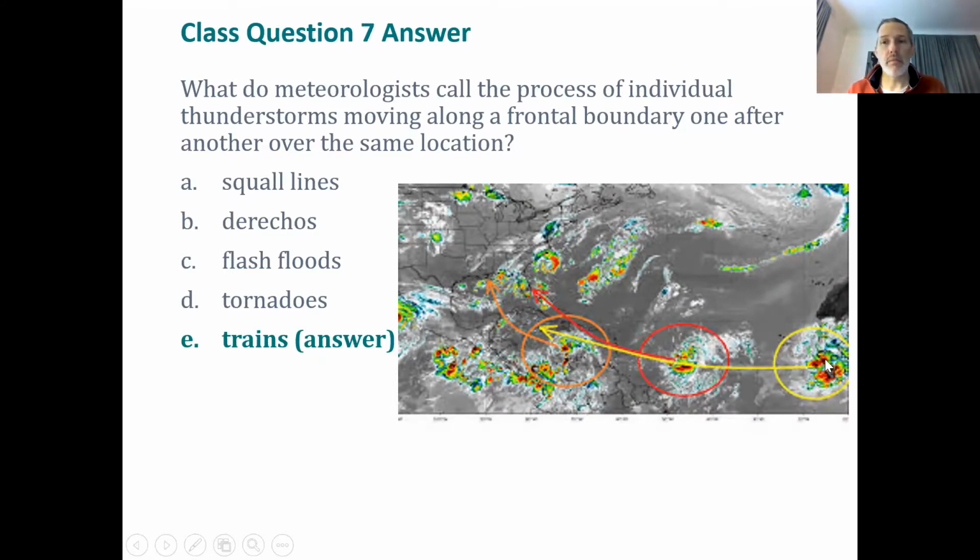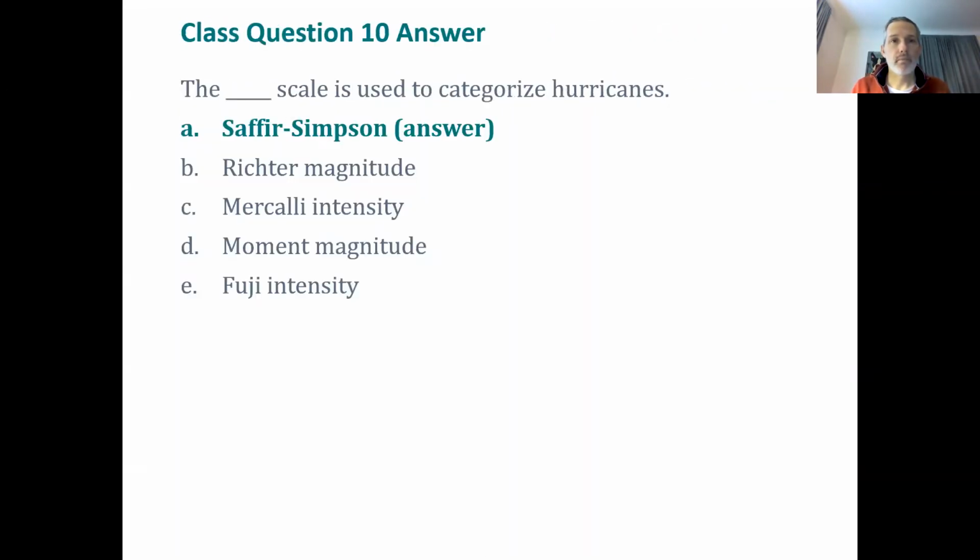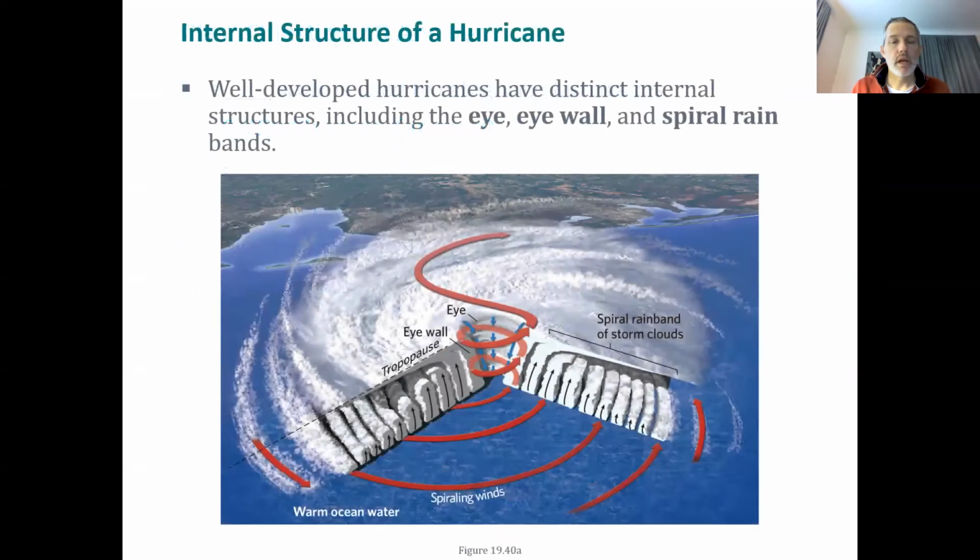we can see these different developments, and they're all going to be starting right here. We have the uneven heating between land and water. And so as a result, this uneven heating is going to create a series of thunderstorms. And these thunderstorms can combine to create large, severe low pressure storms called hurricanes.